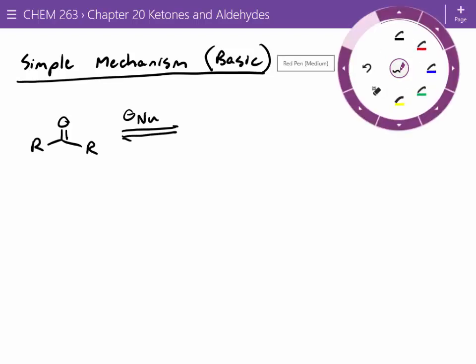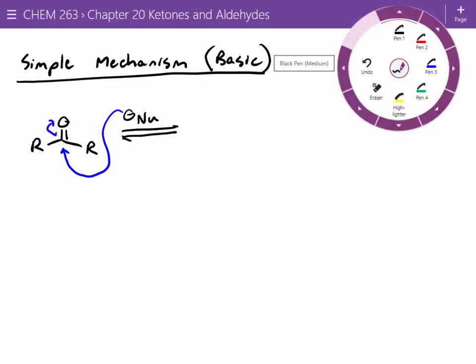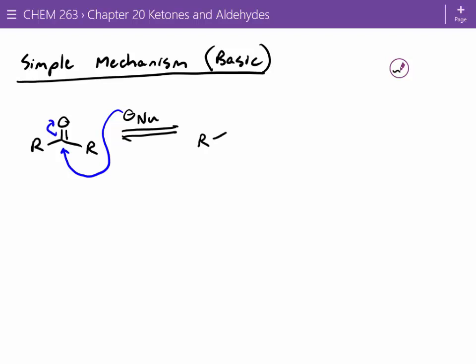And if you've got a nucleophile, the nucleophile is going to want to attack that electrophile, kick up electrons onto that oxygen. You end up with an oxygen that has a negative charge. And then last but not least, you have a proton transfer.